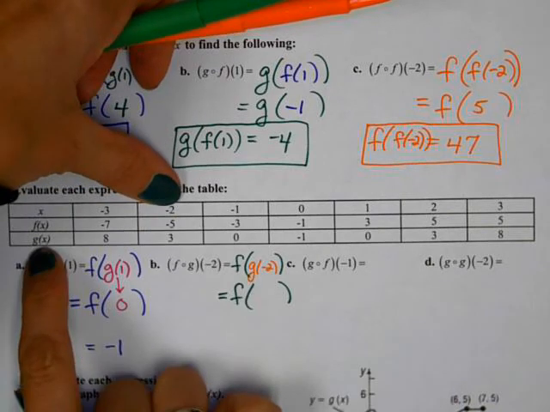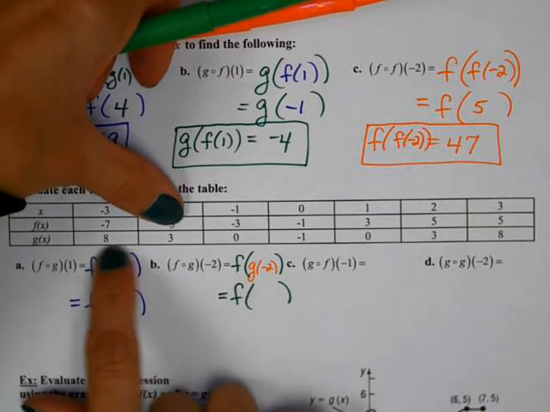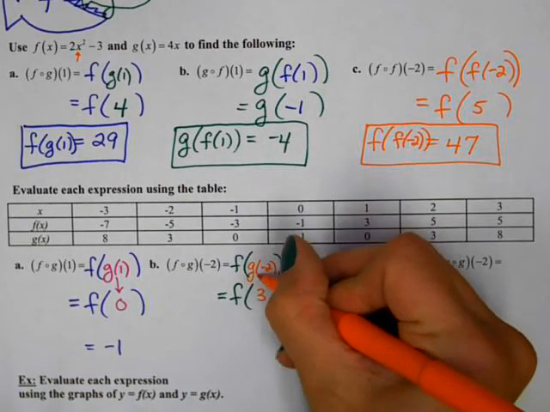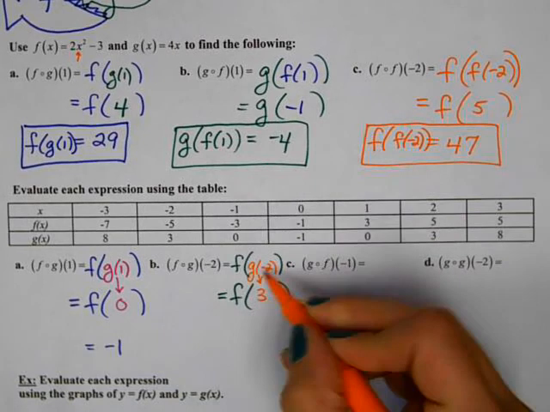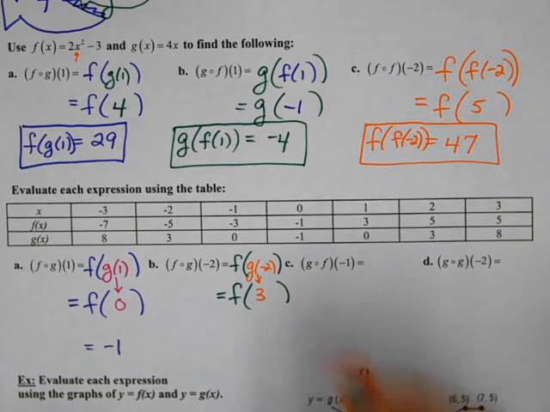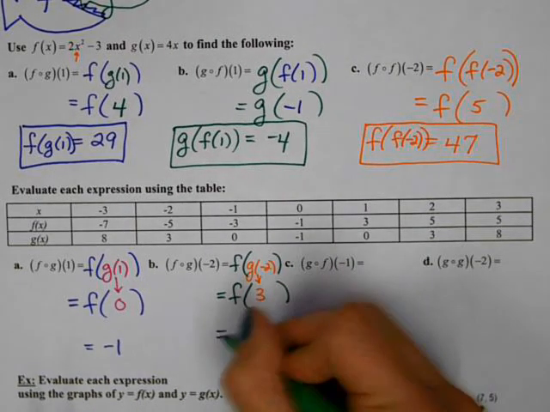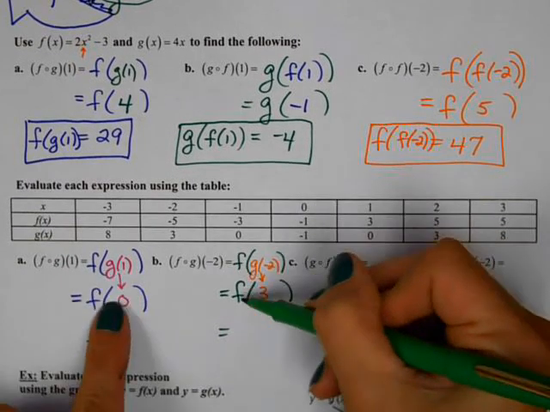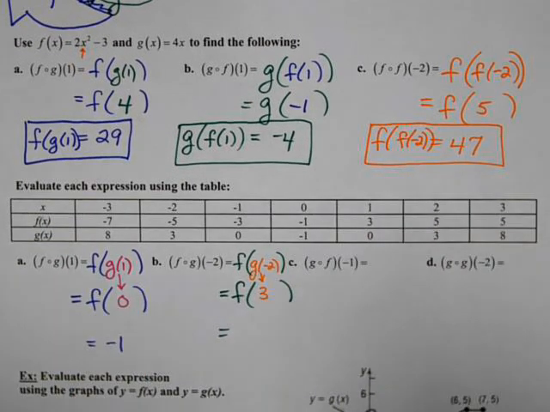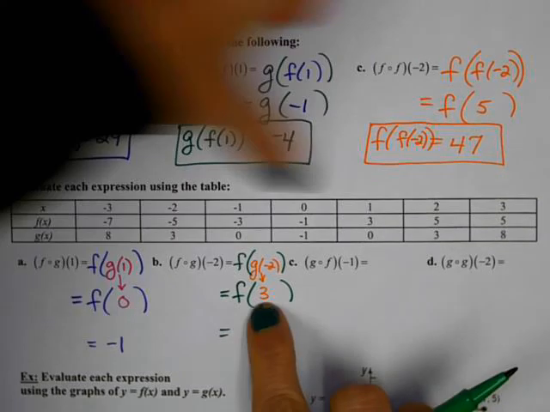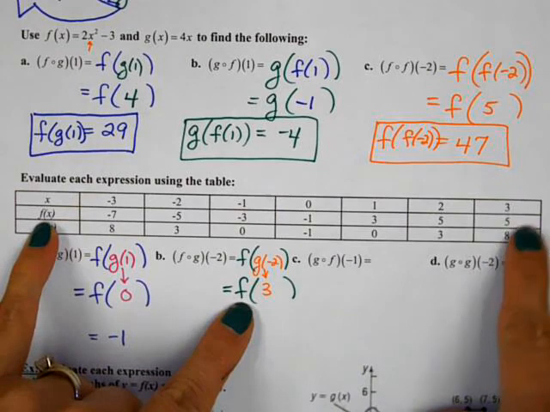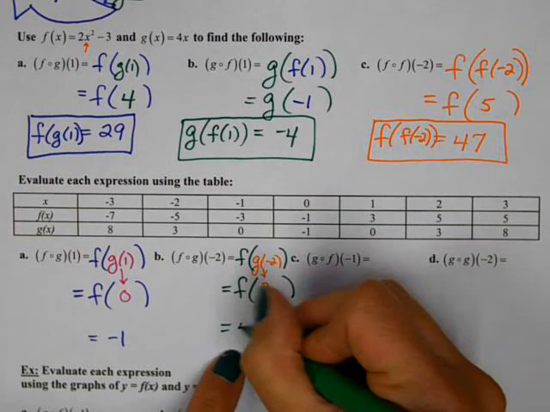When it goes into g, the answer is 3. Okay, so that goes right here. So this is the first answer I need to see. I need to see your first step so I can know that your second step came out right. Now, I'm not going to write f because I'm going to calculate f. See how every line you lose a letter? Okay, because you're doing the function. 3 is the input, and it goes into the f function for an answer of 5.